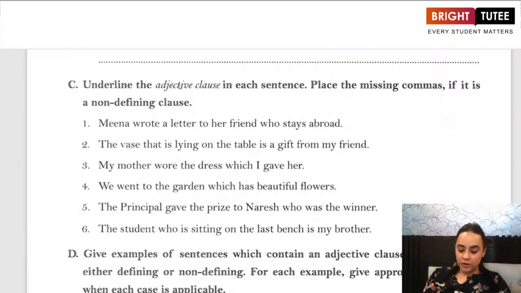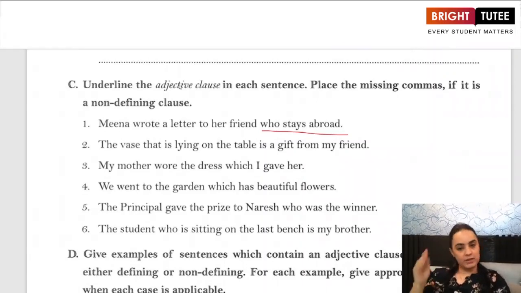So adjective clause, Meena wrote a letter to her friend who stays abroad. Next, first we will underline the adjective clauses and then we'll insert the commas.